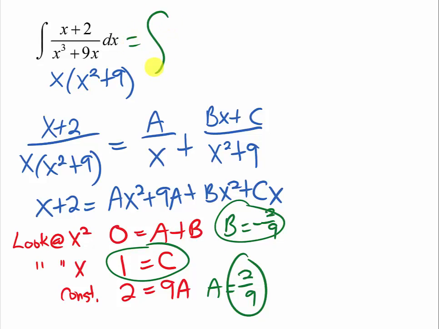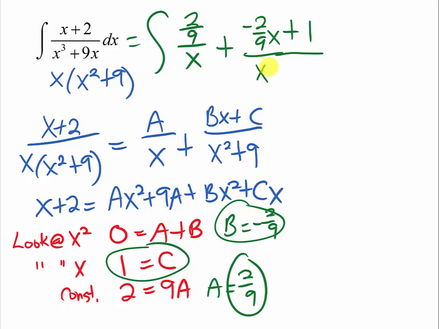So this will break down into A, which was 2/9 over x, plus negative 2/9 x over x squared plus 9, plus 1 over x squared plus 9.